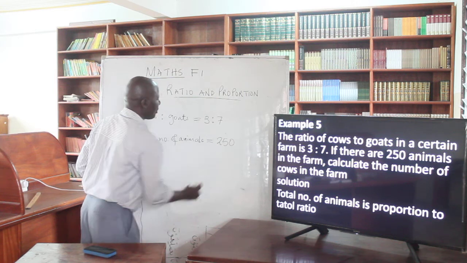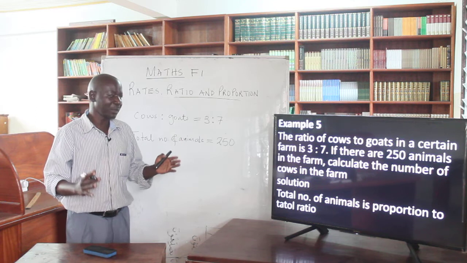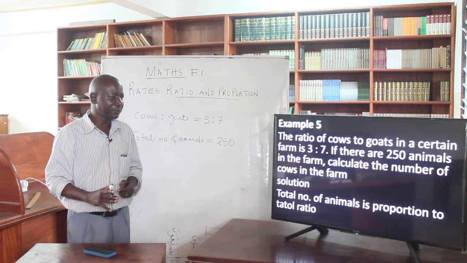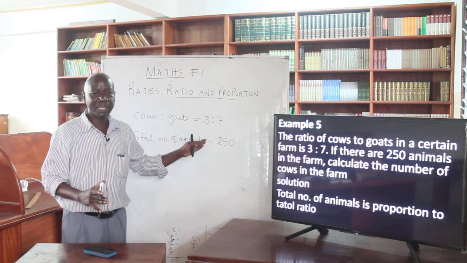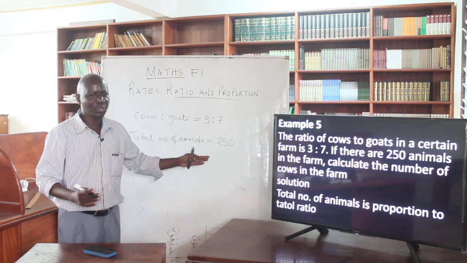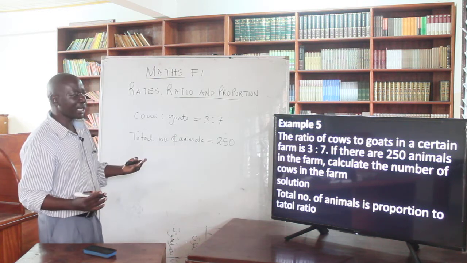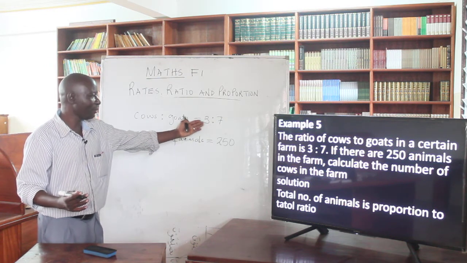So that is the total number of the animals. That is cows plus the goats in that farm will be 250. But we are told that the ratio of cows and goats is 3 is to 7. So in other words, 250 is the total quantity, and that will be directly proportional to the total ratios that we have, the sum of the ratios.